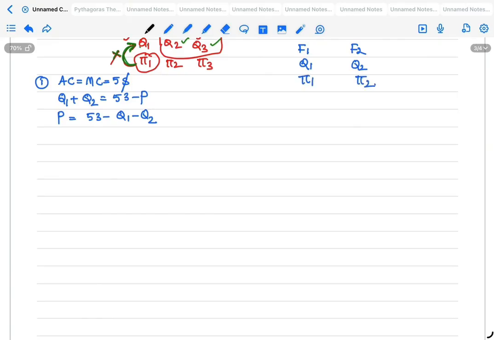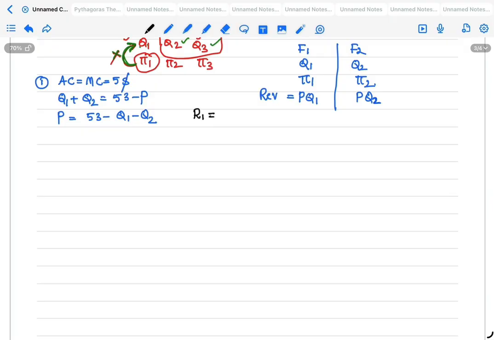The revenue of firm 1 equals P Q1, and the revenue of firm 2 is P Q2. Price is common.